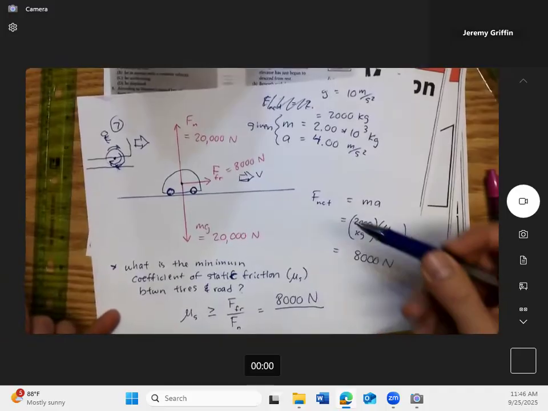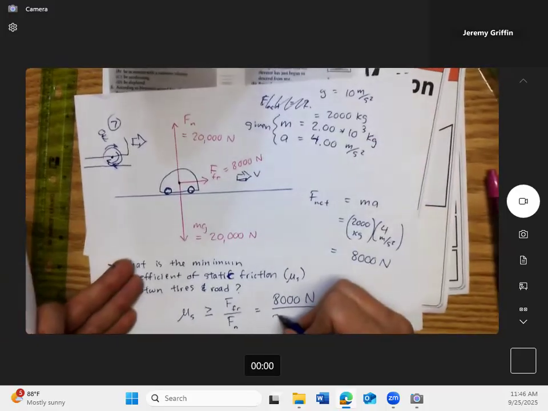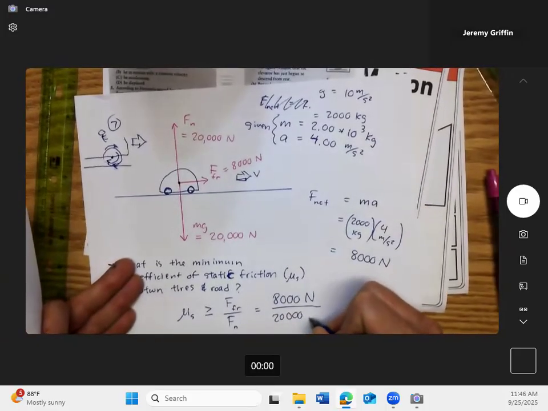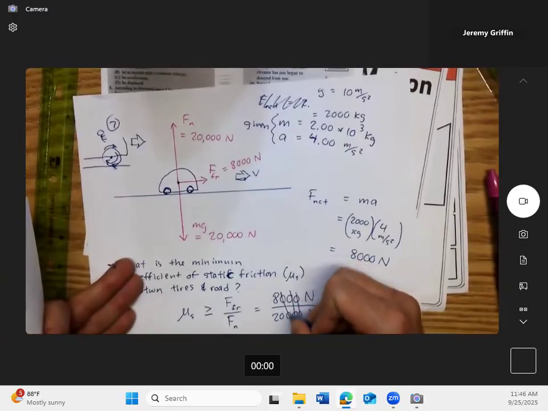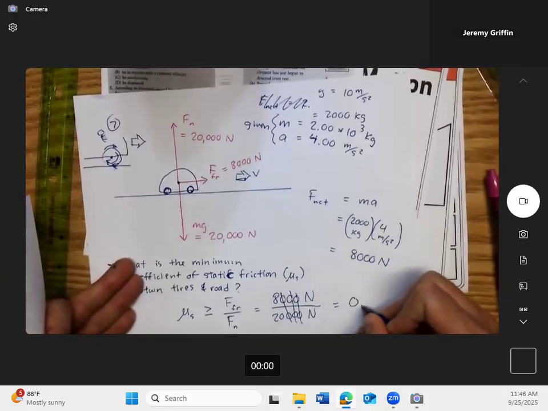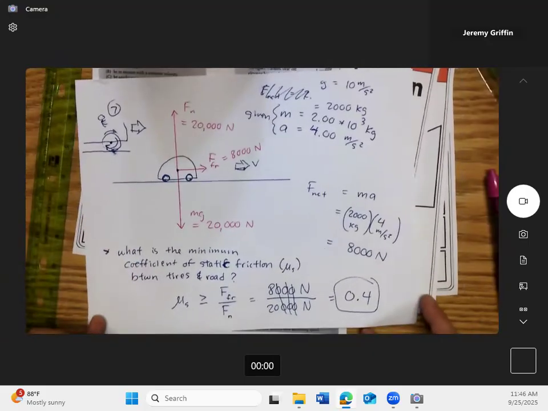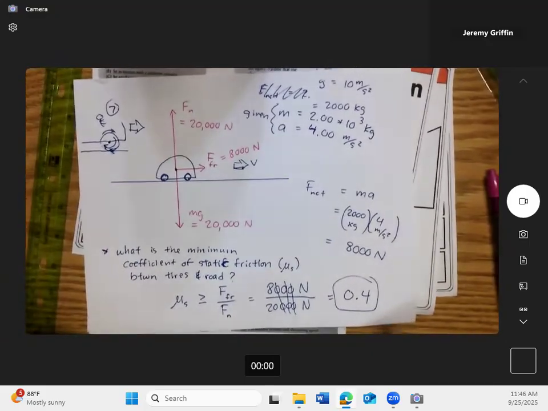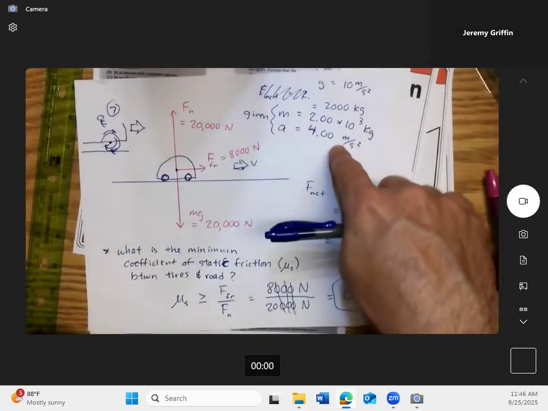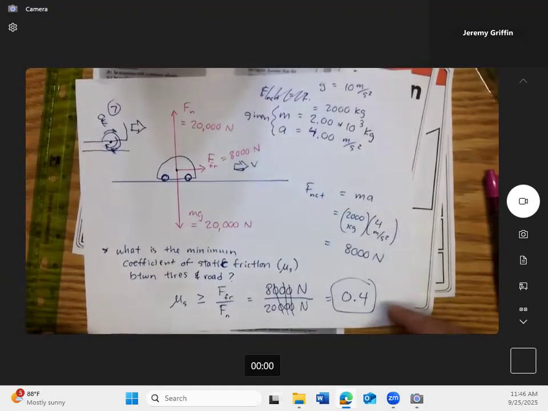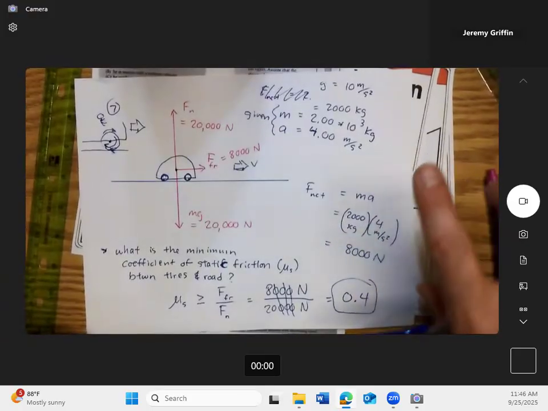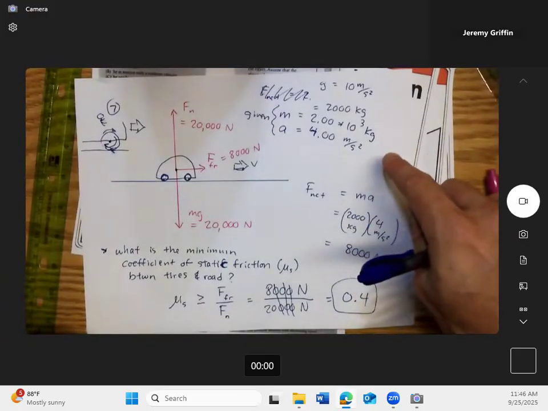And the normal force is how much? 20,000 newtons. So 0.4. Now, it could be more than that. If the coefficient of friction was 0.9, it could definitely accelerate at 4 meters per second squared. If it is 0.4, it can just barely accelerate that much; the wheels are just about slipping.